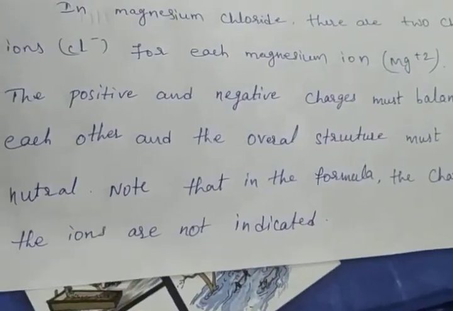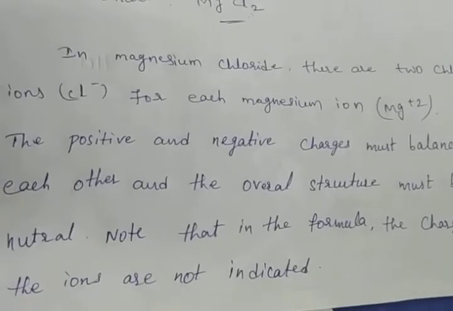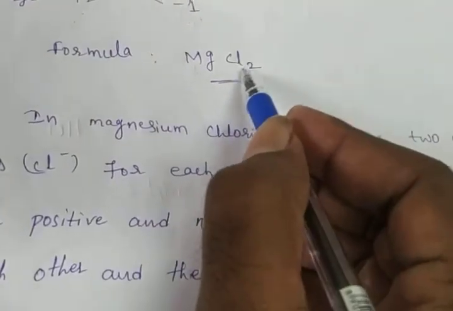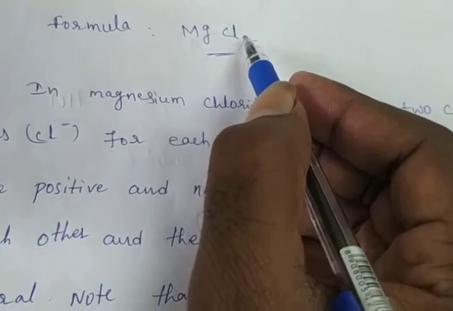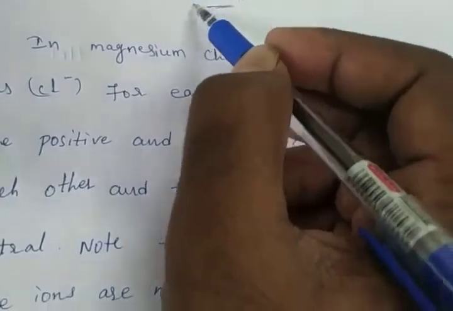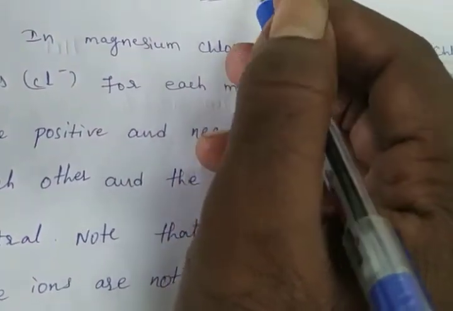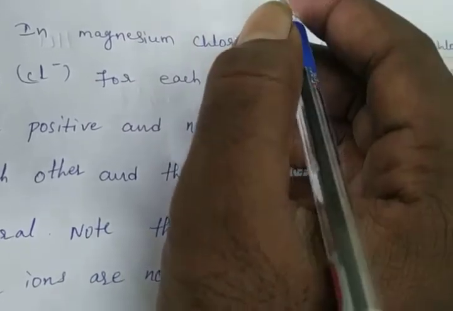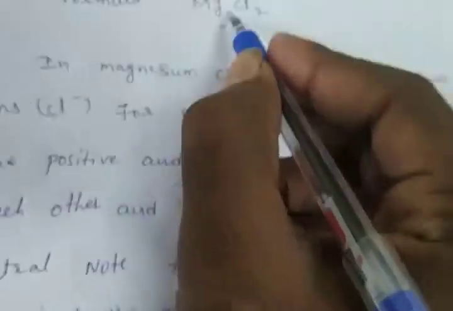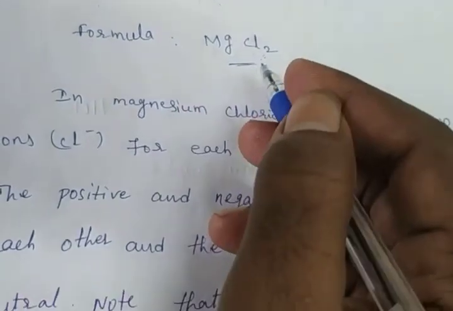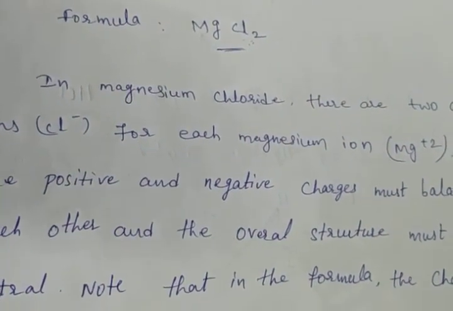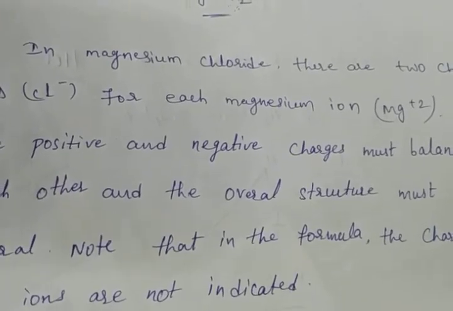See here, in magnesium chloride, for each magnesium ion there are 2 chloride ions, Cl minus. The positive and negative charges must balance each other, and the overall structure must be neutral. So we do not mention the charges on the ions. This is about magnesium chloride.